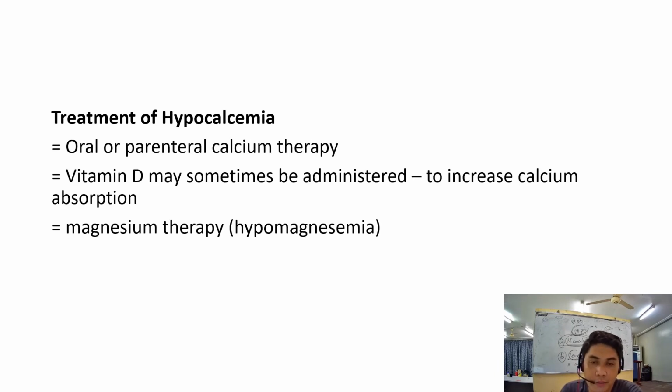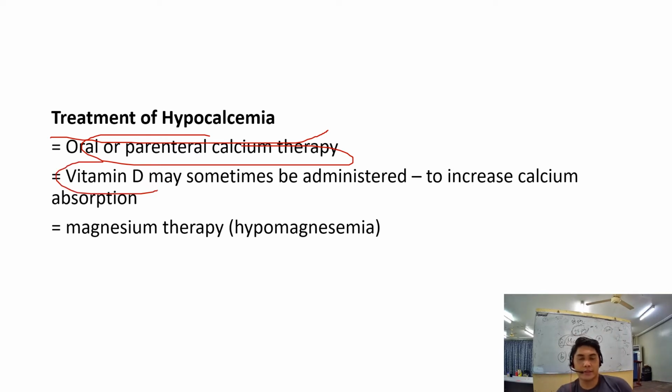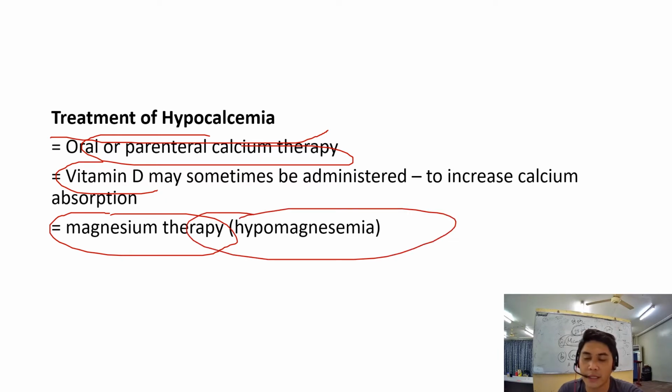Next, regarding treatment, oral or parenteral calcium therapy, and another is vitamin D is sometimes administered, and last you have magnesium therapy because hypomagnesemia is one of the causes of hypocalcemia.